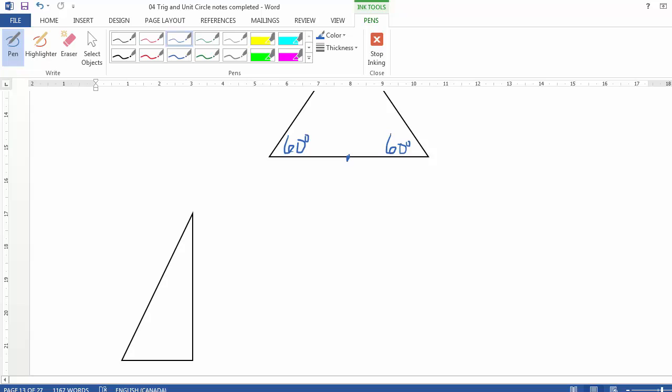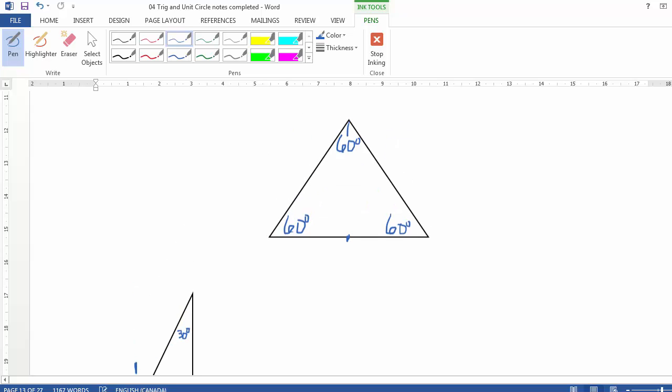Okay, so again, in this particular triangle, we're going to make the hypotenuse equal to 1. This is going to still be 60 degrees. But now, because we've drawn that angle, this one is 30 degrees. Okay, so let's figure out, if this was our original side 1, if this side was 1 up here, then this whole side here would have been 1 as well, because it was an equilateral triangle.